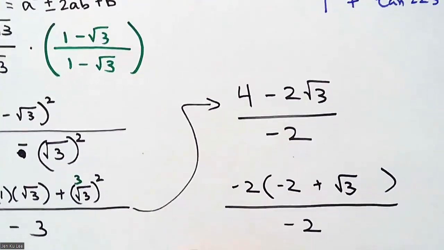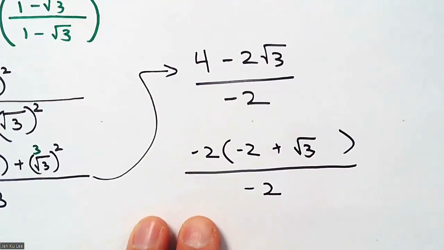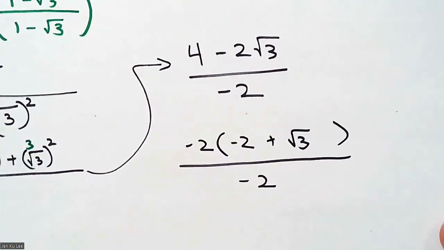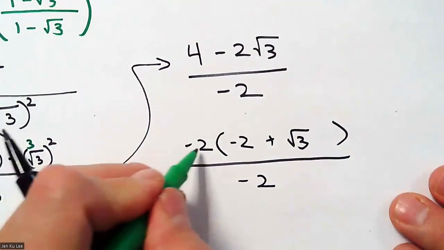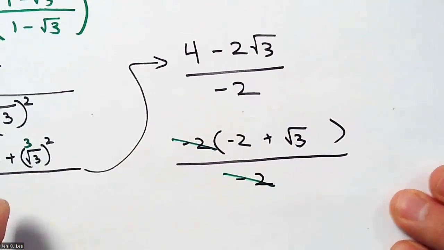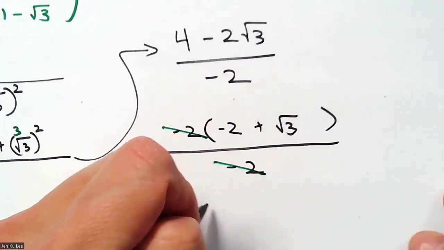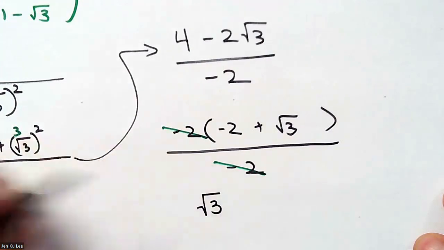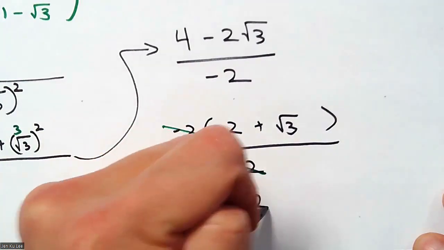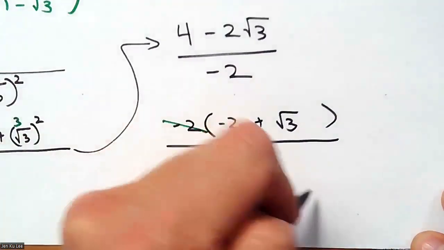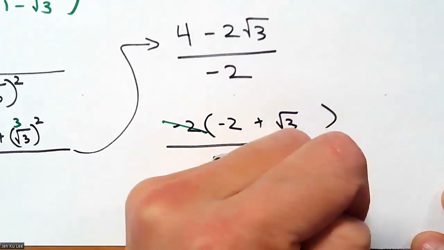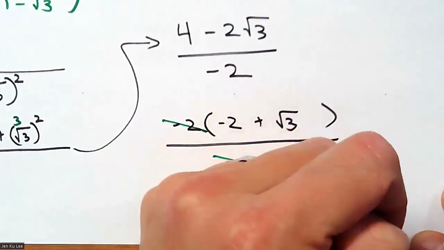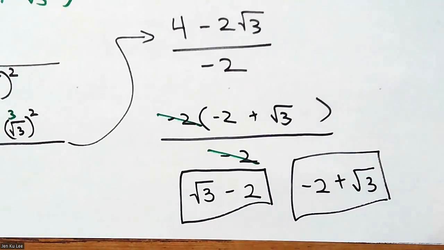Make sense? And now these negative 2's would cancel out, and you're just left with, I'm going to flip it, square root of 3 minus 2. You can leave it as negative 2 plus square root of 3 as well. Both of them work.